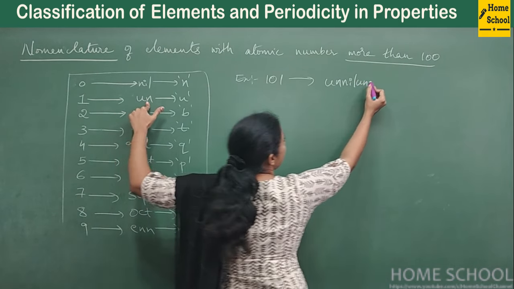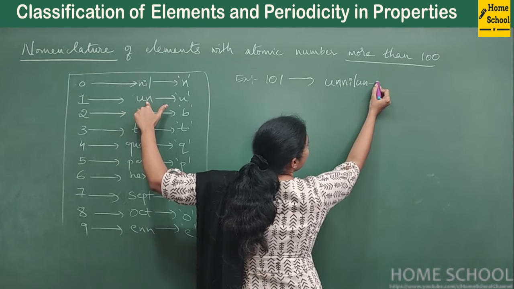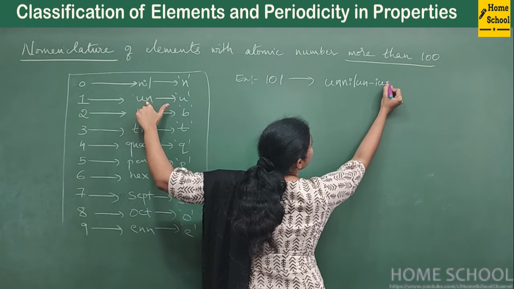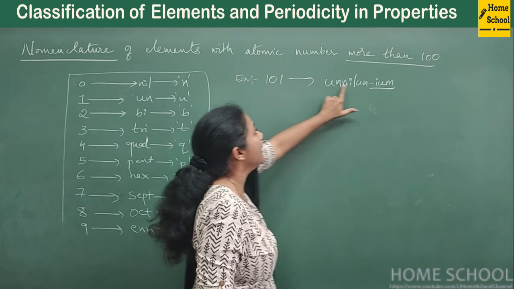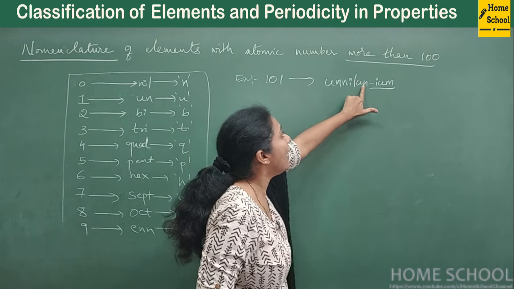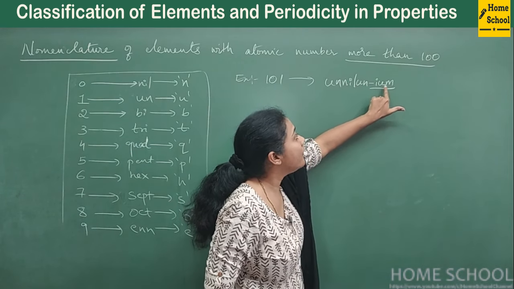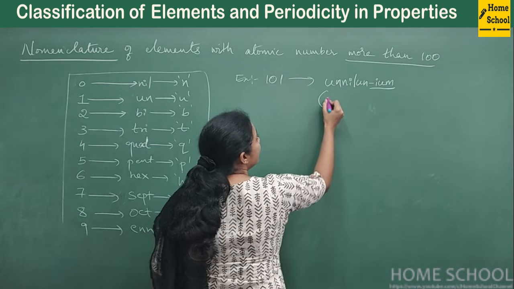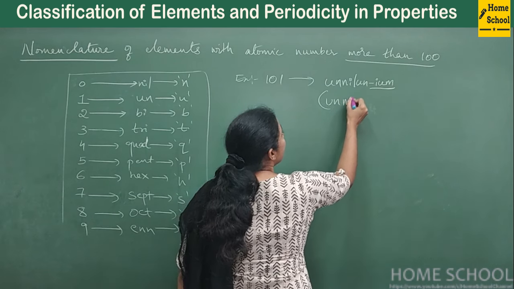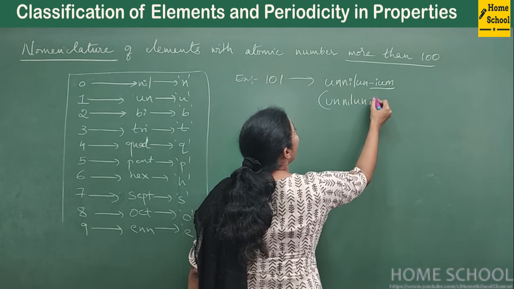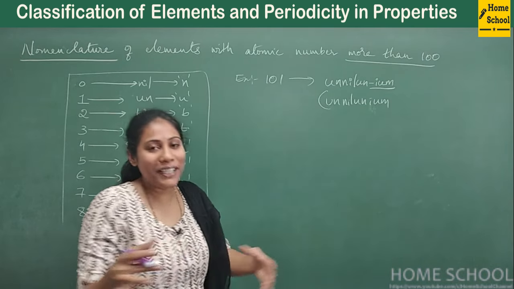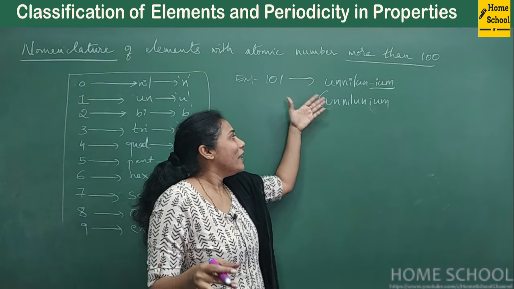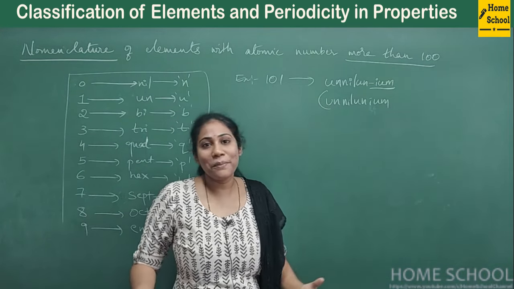After writing this much, the ending must end with IUM. So you combine un, nil, un, IUM: unnilunium. Anyway, nobody will ask you to pronounce this, just writing is important.